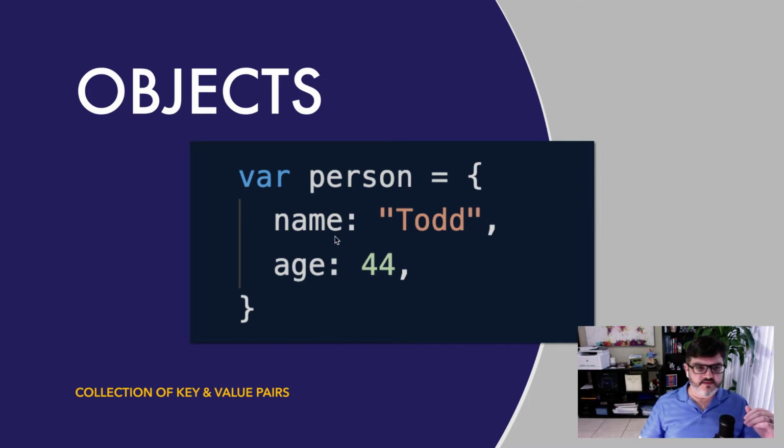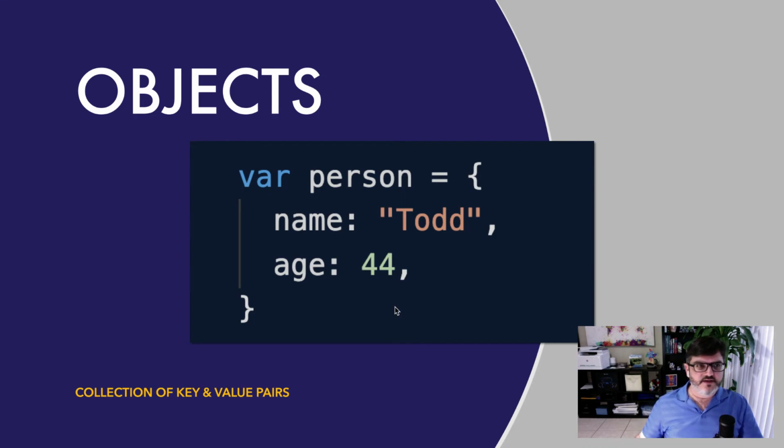The first key being name, which the value of is Todd. The second key being age, the value of which is 44. Notice these are in curly brackets and separated with commas. And you don't need this comma here at the end. Some people put it, some people don't. There's reasons why I like it, which we can get into later.